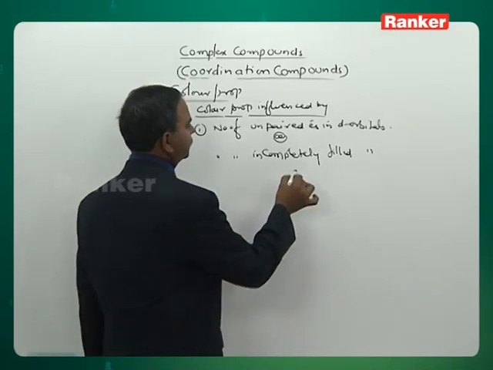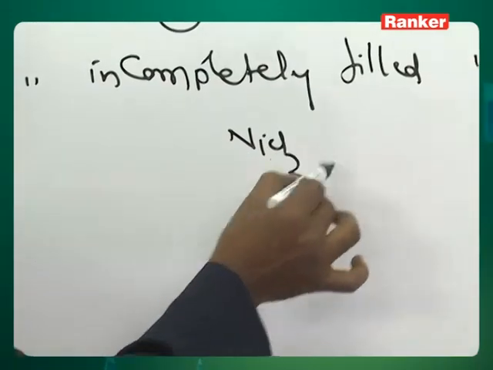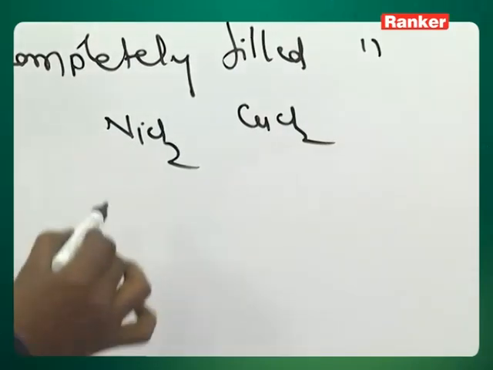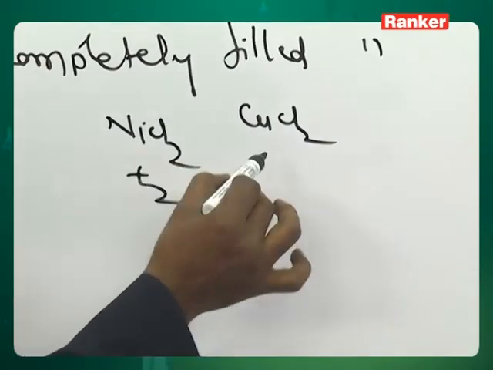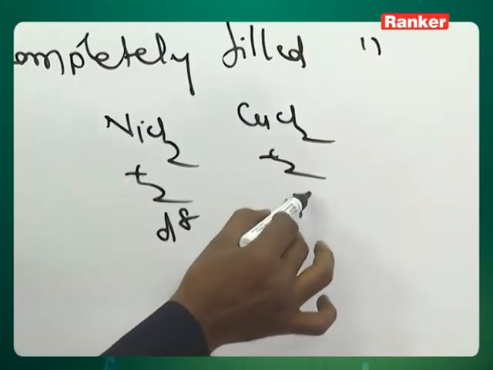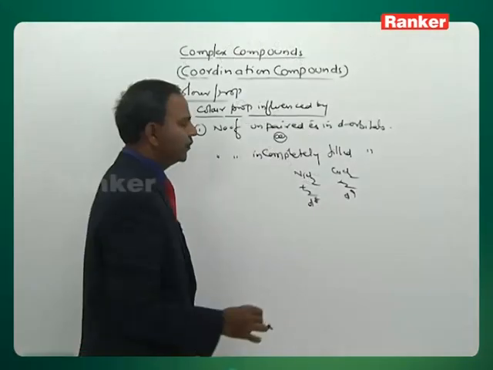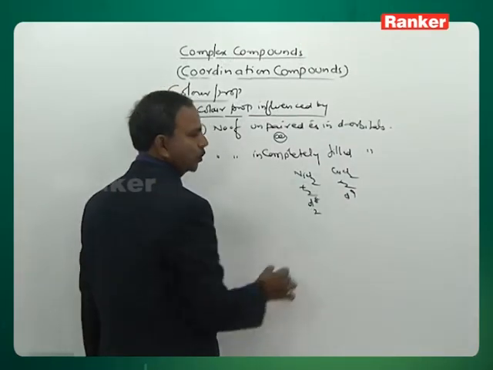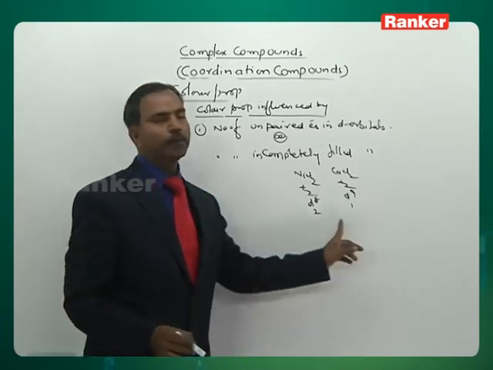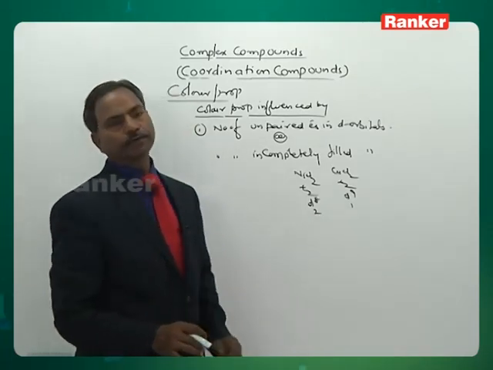Suppose we take NiCl2 and cupric chloride, CuCl2. What is the oxidation number here? Nickel is +2, copper is +2. What is the configuration? d8 for nickel and d9 for copper. Look here, the number of unpaired electrons is 2 for nickel and 1 for copper.